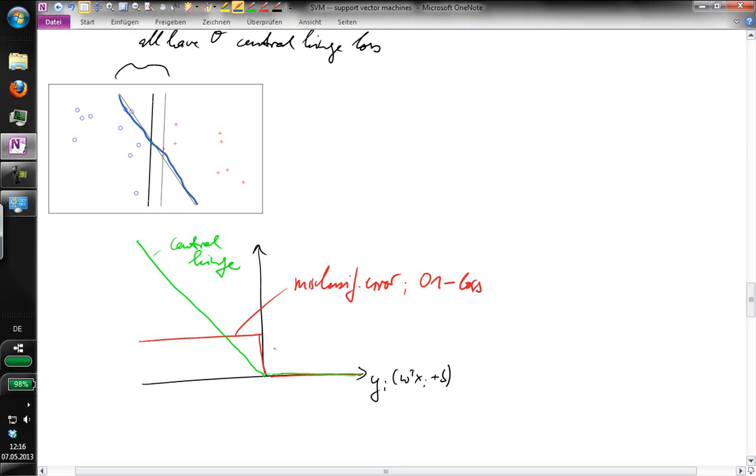And that you can accomplish by saying that you want to use a function like this, where this is, let me call this the safety margin that you require. And this function, by the way, is the hinge loss. This is the famous loss of the support vector machine.